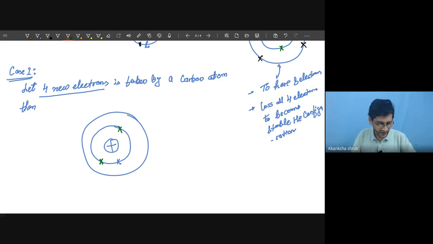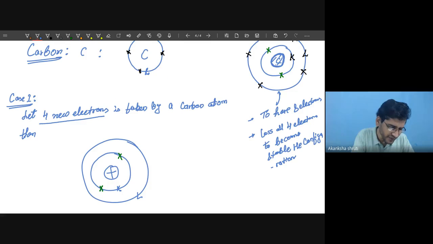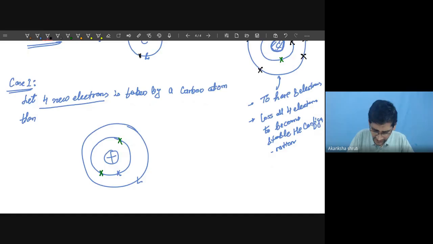Now for the L shell, we are already having the 4 electrons which were marked in black. Students, understand this carefully. These 4 electrons are already there. And 4 new electrons, let me mark these by this yellow color.